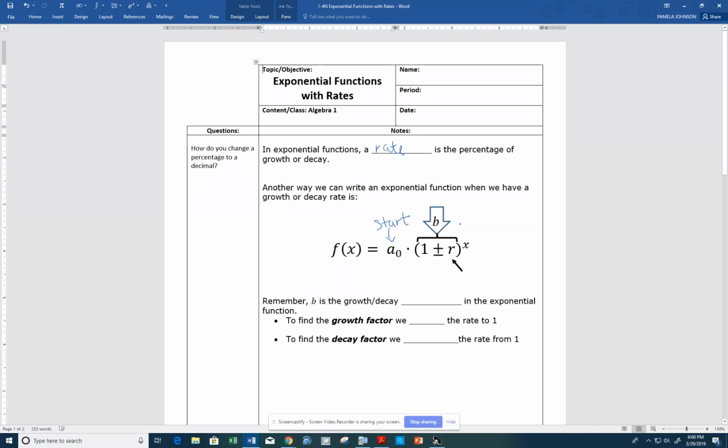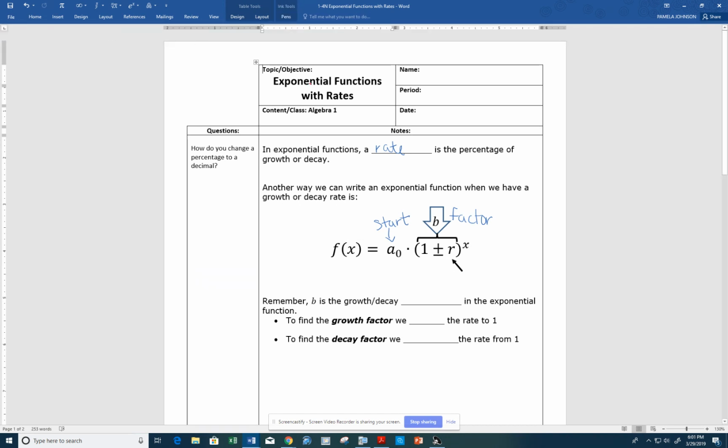Also our y-intercept. B is the factor. We've been talking about factors since we started in this unit, okay? But this time, in order to get our factor, we have to add or subtract the rate from 1.